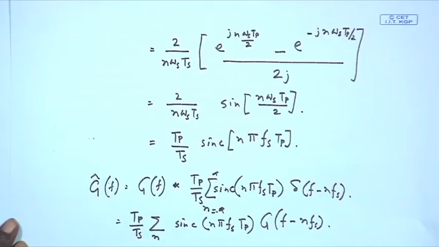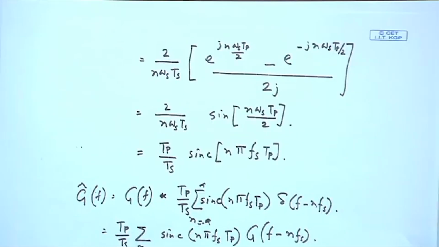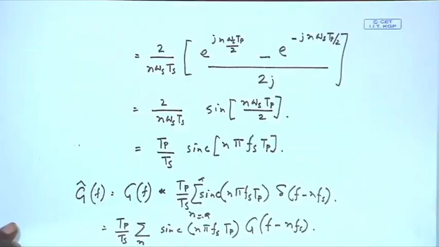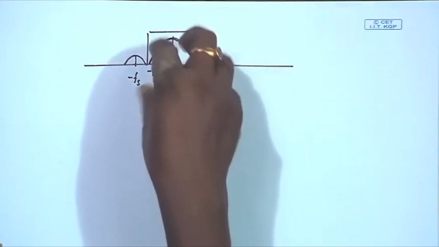important advantages of this one, and it has another advantage which we can easily see, that because the strength of it is proportional to Tp, as I increase my Tp, the strength in the central lobe will increase.